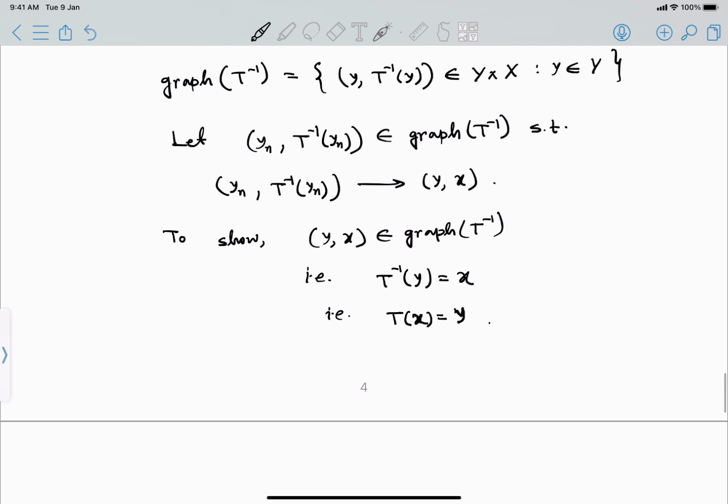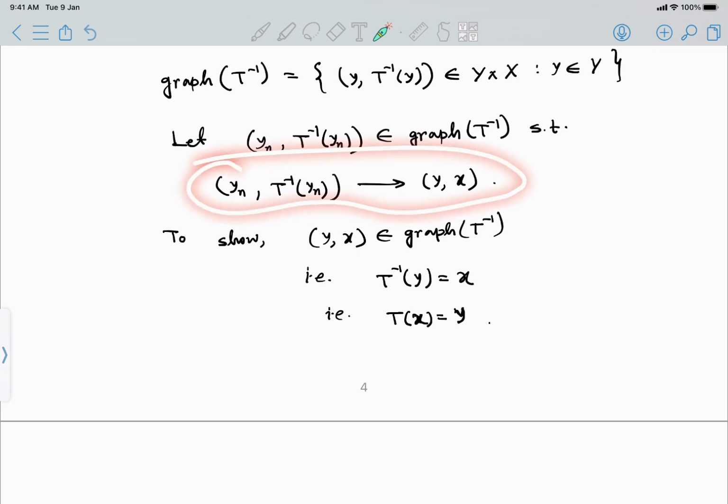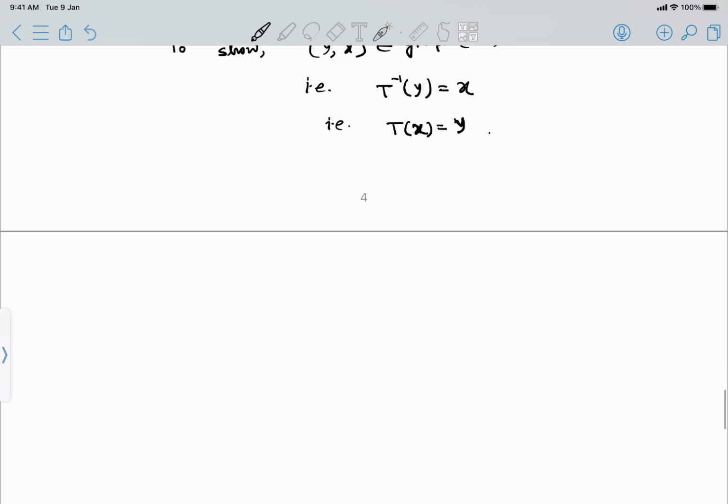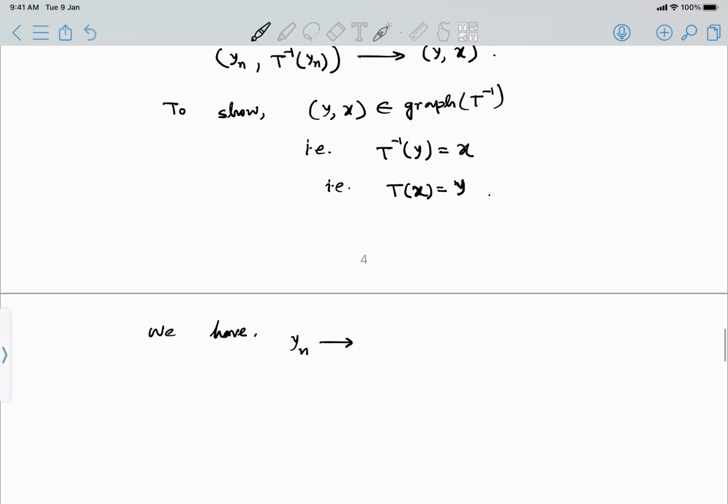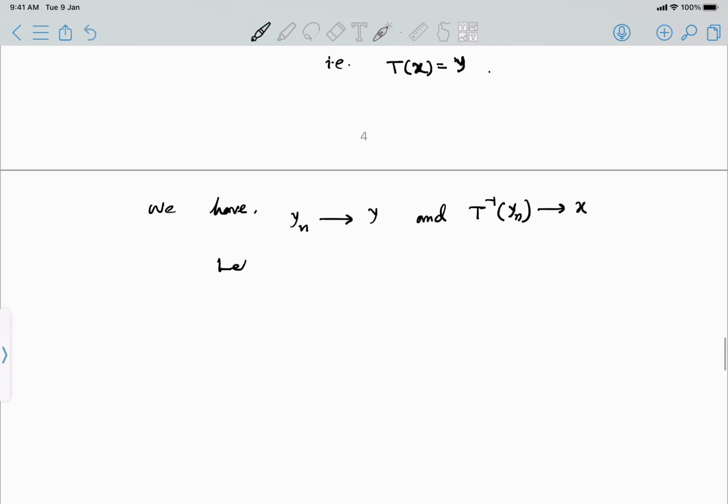And what we have assumed is that yn converges to y and T inverse yn converges to x. So let T inverse yn equal xn.